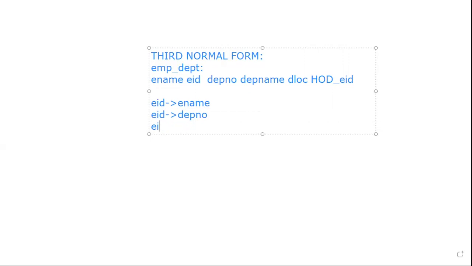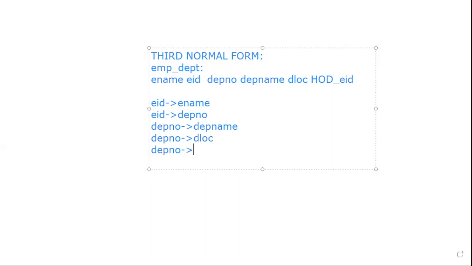That's it. EID will not determine department name. EID can only determine the name of the employee and which department he is working in, so the department number will be determined. Next, department number determines department name, department number determines department location, and department number determines HOD, that is the manager of that particular department.